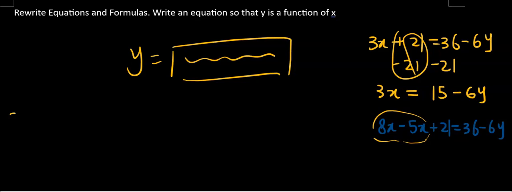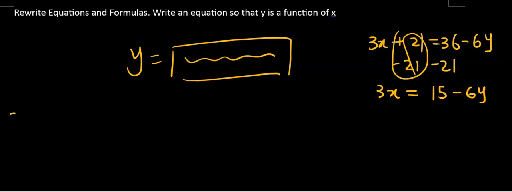I'm going to show a faster way to do that. Let me erase this. The faster way is I'm going to move terms, okay? Because I want my y to be on the left side. So I'm going to say y, I'm going to have you go to the left side. You see this is negative 6y. When it goes to the left side, I'm going to write it as a positive 6y.